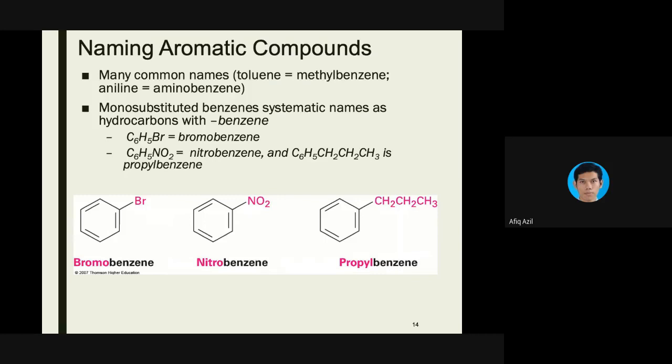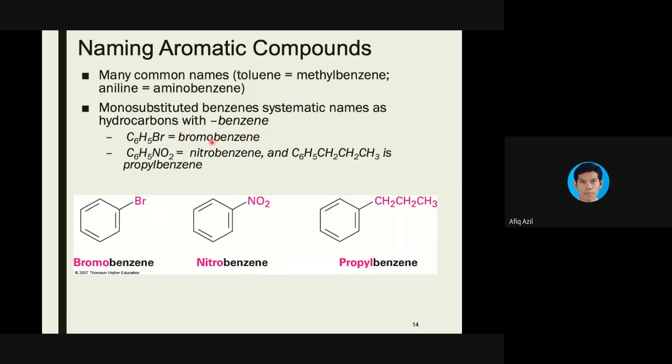Then you have aminobenzene. Amino NH2 attached to the benzene ring, so it has another common name, which is known as aniline. Then you have these monosubstituted benzene systematic names as hydrocarbon with benzene at the end.